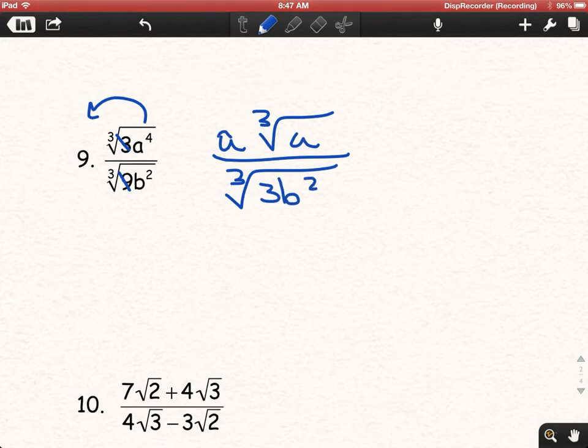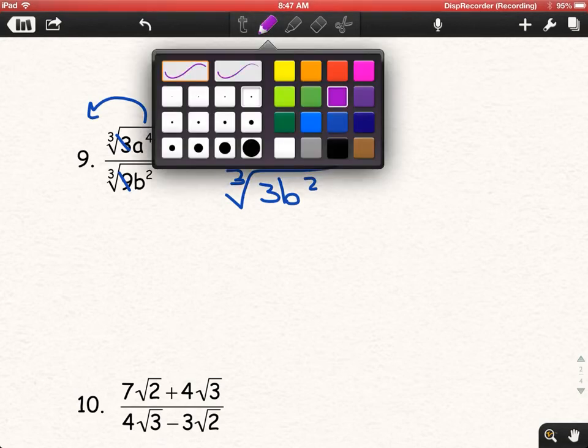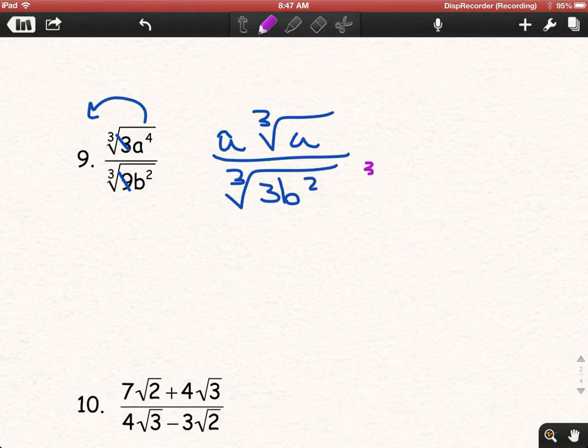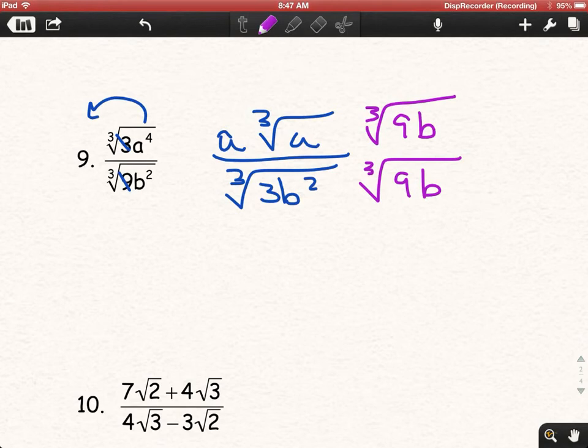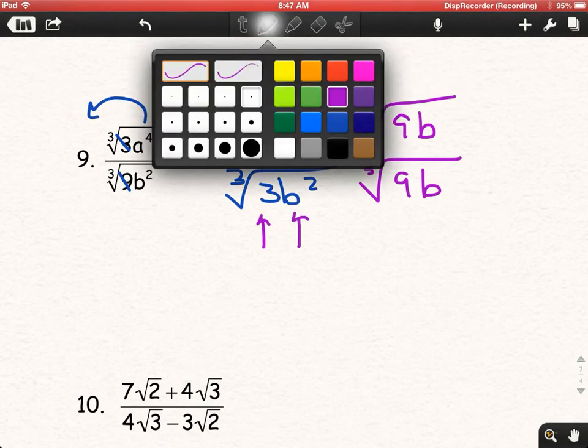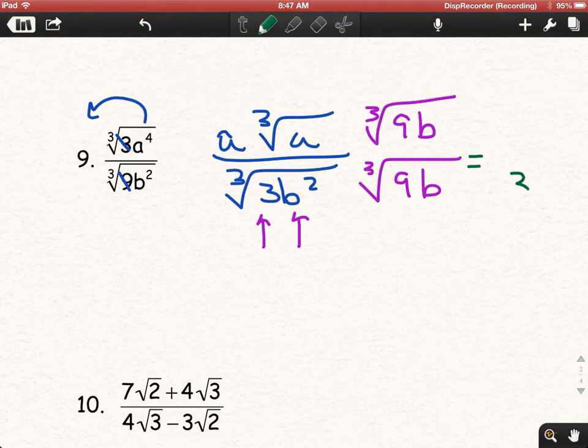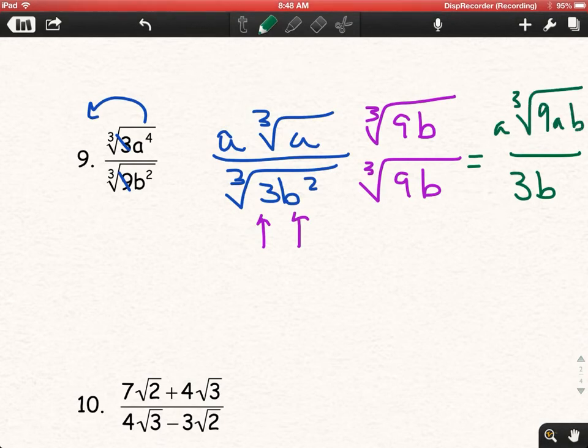So I take an a out, I cancel the 3's. So when I go to rationalize, I do need to rationalize now. I need the cube root of 9b, because I need 2 more 3's and 1 more b. And so that makes the bottom 3b, and it makes the numerator a cube root of 9ab.